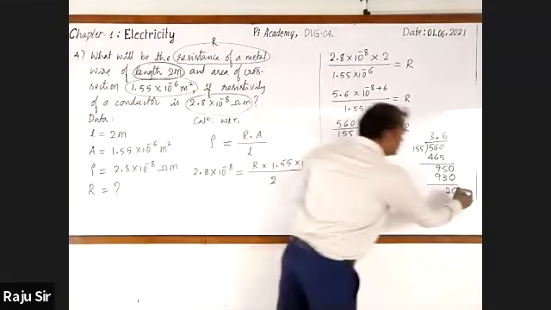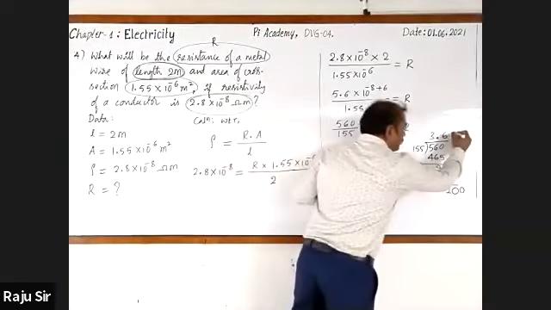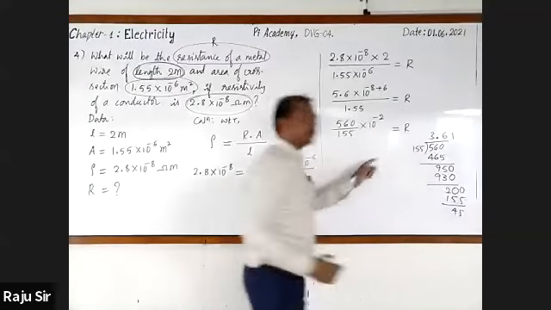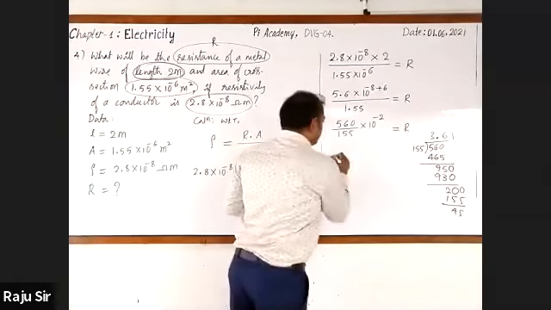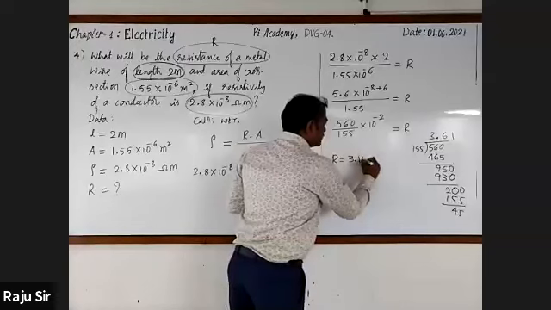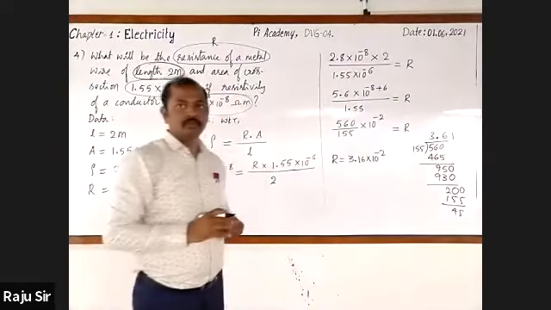Take a 0, it is 200. Now 155. 45 will remain. After the decimal, 2 digits are enough. So we can write R is equal to 3.16 into 10 raised to the power minus 2.